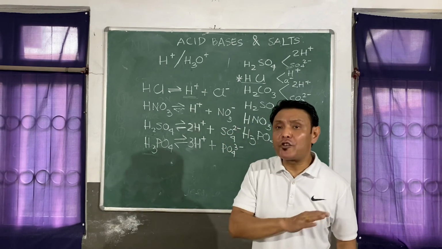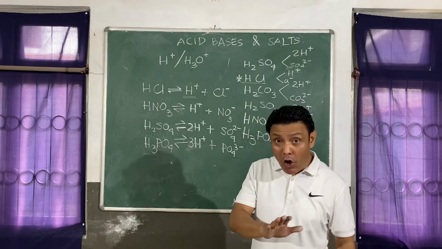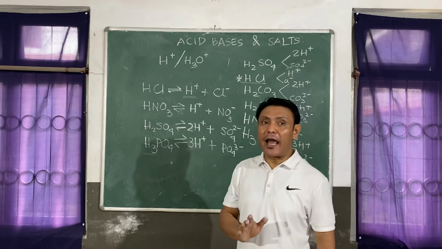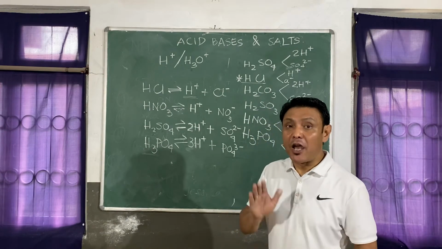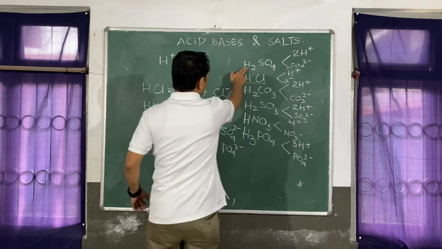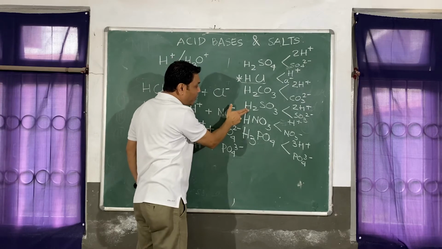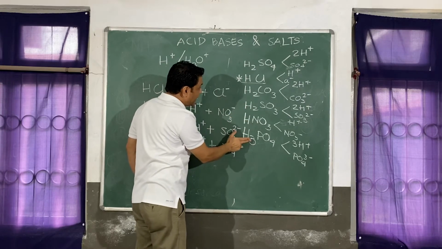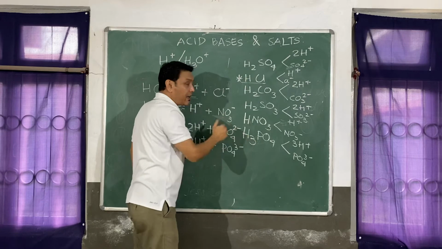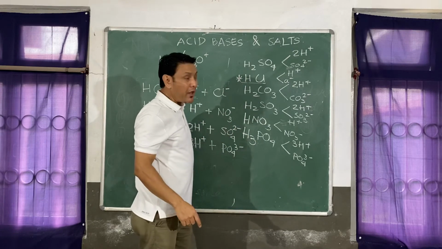For example, most of the mineral acids, I'm not saying all, I'm saying most, are strong acids. Like sulfuric acid, hydrochloric acid, carbonic acid, sulfurous acid, nitric acid and phosphoric acid. They are mineral acids. Okay?